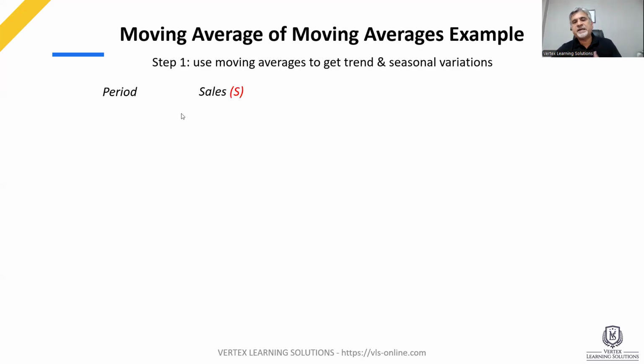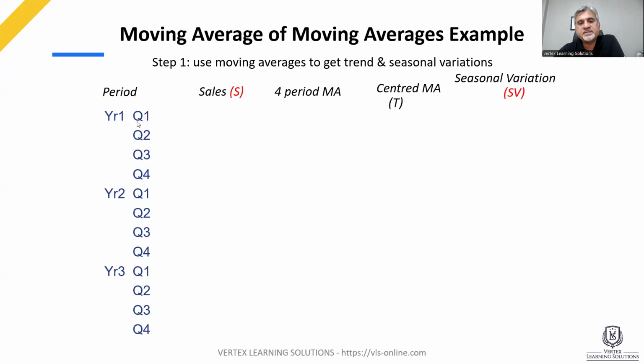You are given some data. For example, there are some periods, year 1, year 2, year 3, and we have divided them into quarters. So quarter 1, quarter 2, quarter 3, quarter 4, then year 2, 4 quarters, year 3, 4 quarters.